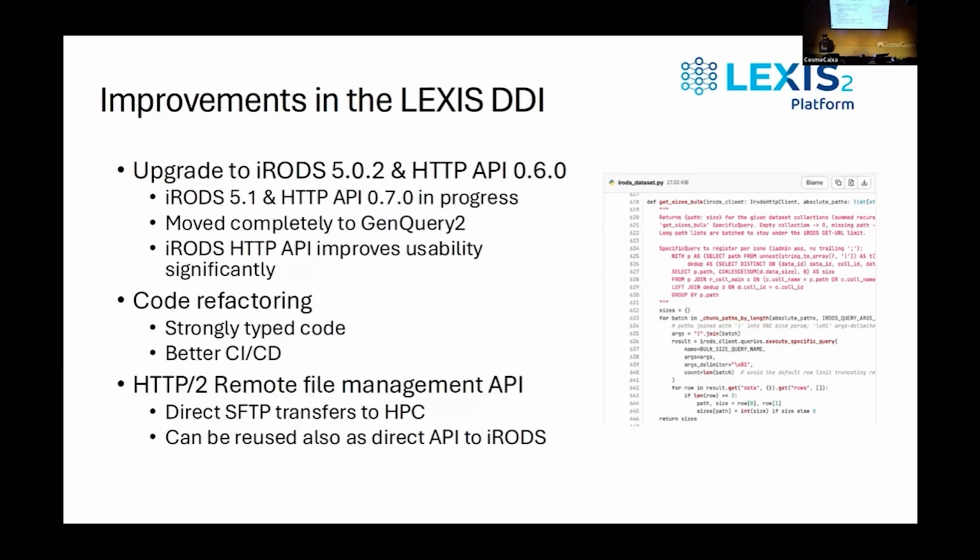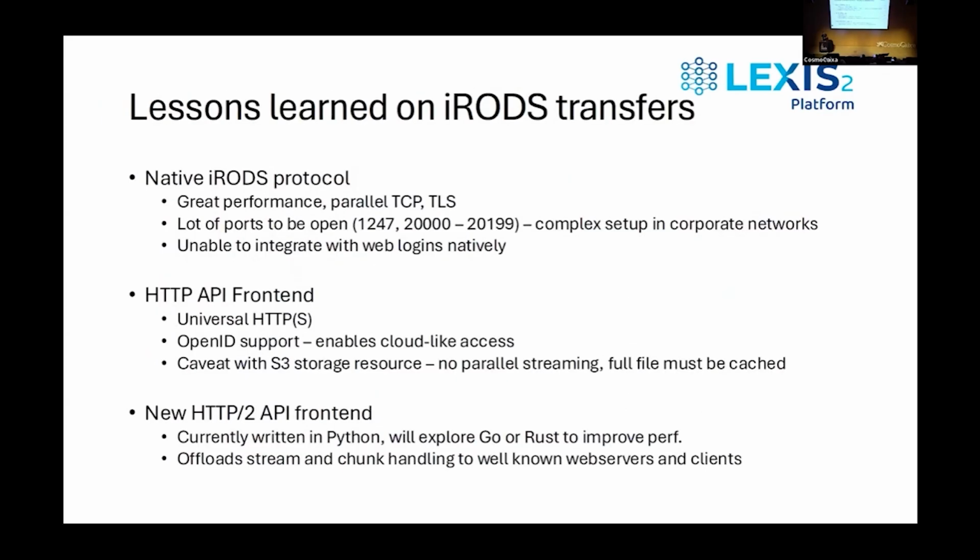It leverages a parallel SFTP library, which we developed in Python. The idea is also that we may consider using this API to talk to iRODS directly, either through the HTTP API or through the Python iRODS client. Don't know yet.